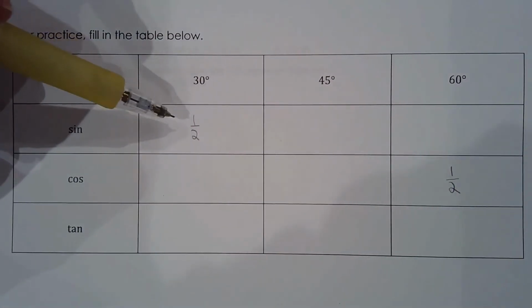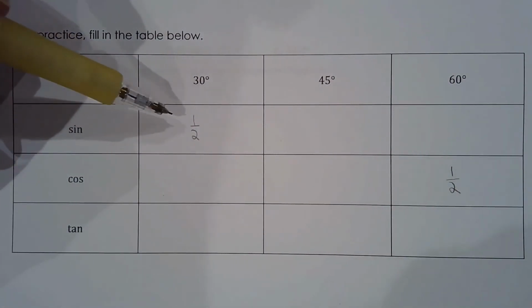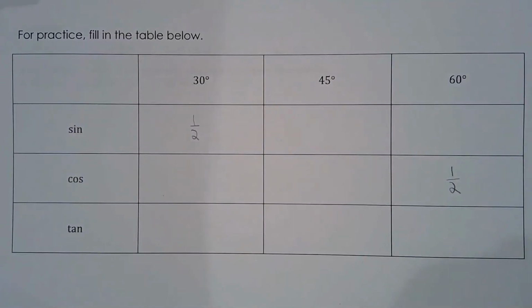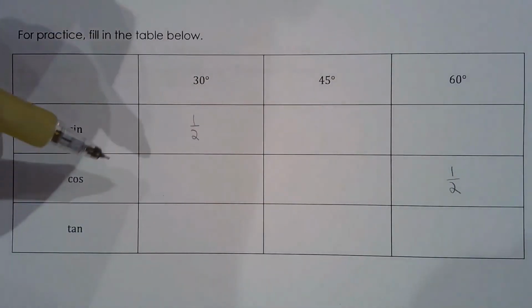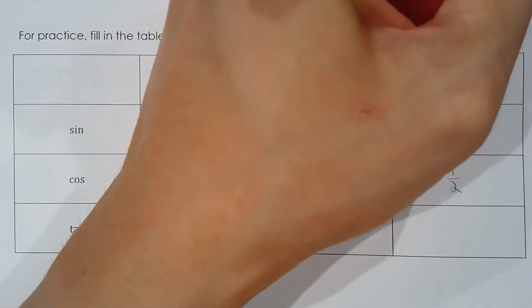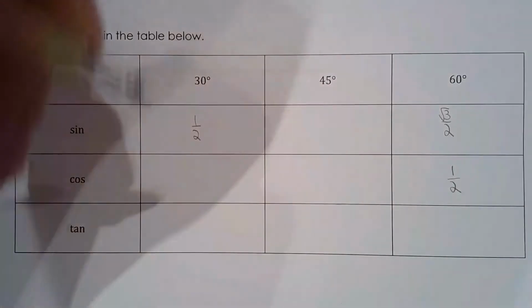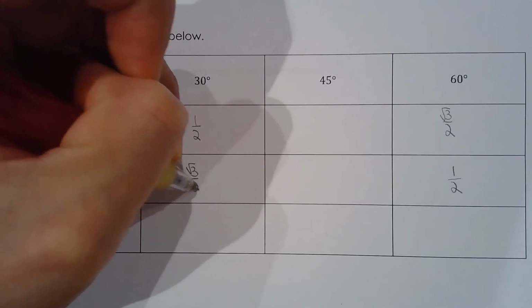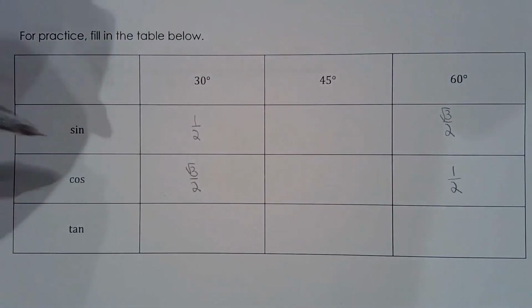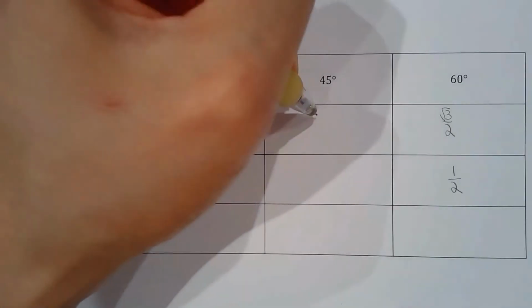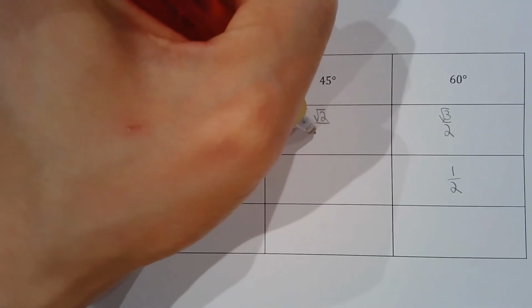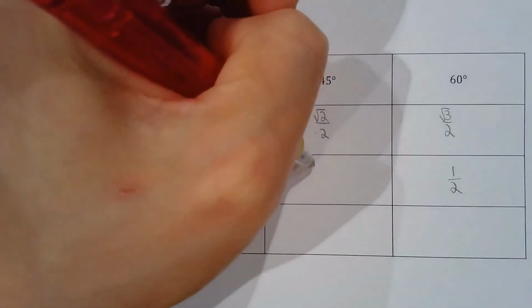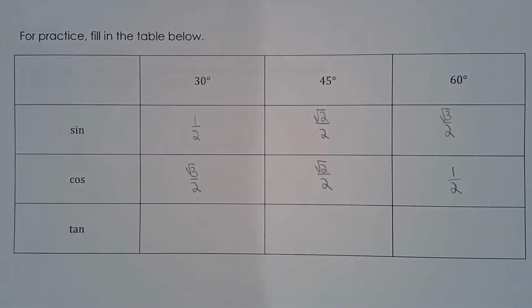If I know that sine 60 degrees is root 3 over 2, then cos 30 degrees must be root 3 over 2. And if I know that sine 45 degrees is root 2 over 2, then I know that cosine of 45 degrees is also root 2 over 2.